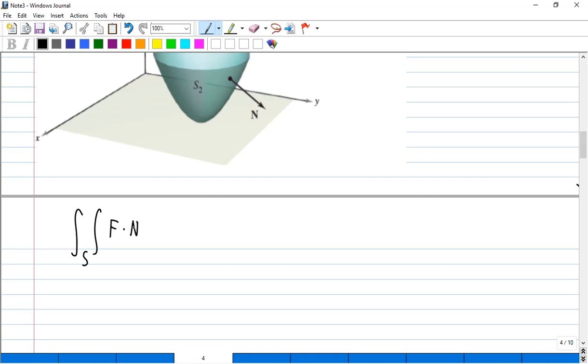Vector field. N is the unit normal vector. That will be equal to the triple integral over Q of the divergence of F, and it's not dA anymore, it's dV. That's the divergence theorem.